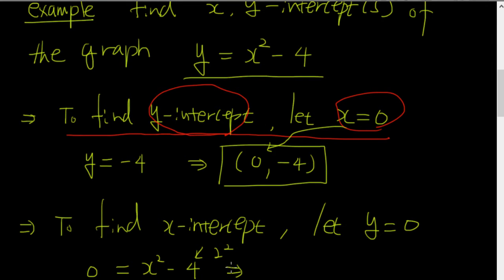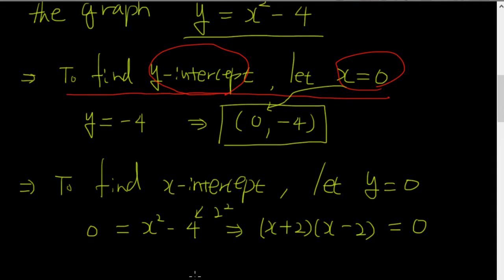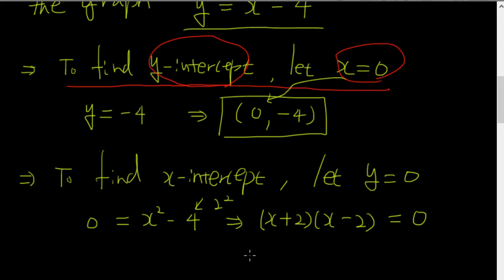Remember the difference of squares? We can factor it as (x plus 2)(x minus 2) equals 0. So from here, we have x equals negative 2, and from here, we have x equals 2.